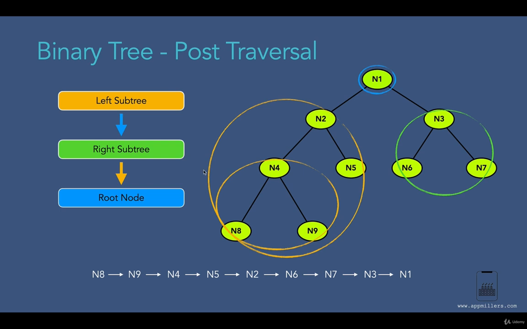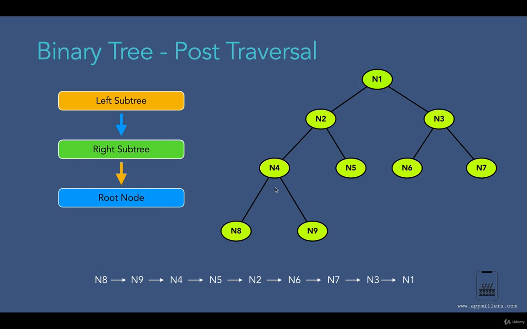Now you see that in in-order and pre-order traversal, the last node that we were visiting was N7, because in that case, the last node that we visit is the rightmost node of the right subtree. But in post-order traversal, the last node that we are visiting is N1, which is the root node of this whole binary tree. Now if we combine all steps, the order of visiting nodes of this binary tree in post-order traversal will be like this.